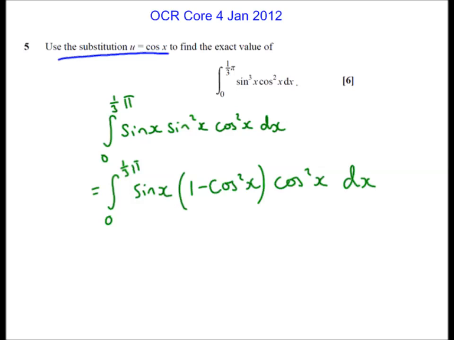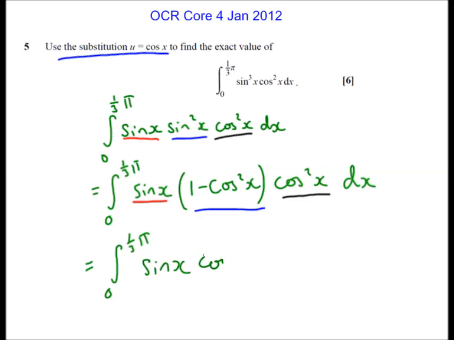So you can see my sine x is my sine x, my 1 minus cos squared x is my sine squared x, and my cos squared x is still my cos squared x. And all I'm going to do is expand my brackets. So that will give me sine x cos squared x minus sine x cos to the power 4x.